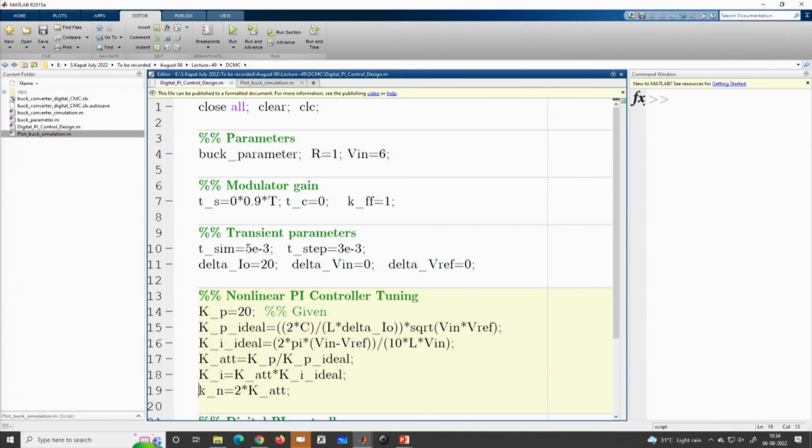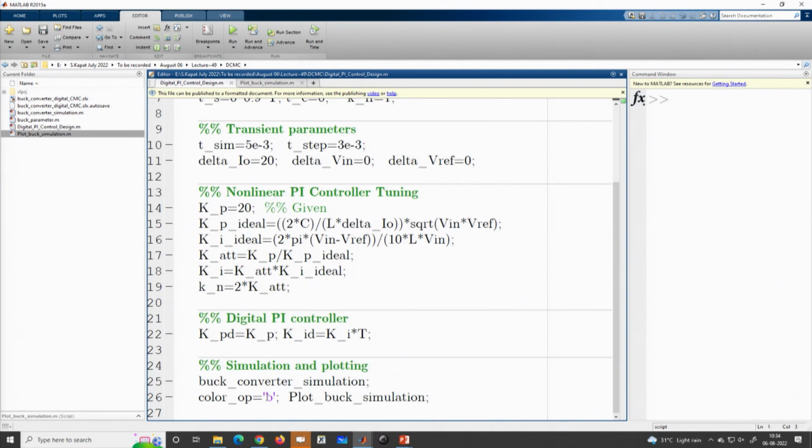But now we have increased the gain in the current loop, so that it will give some phase boost action, and we want to see what will be the effect on top of this by changing the color. So, we will use maybe magenta color and see what is the effect.